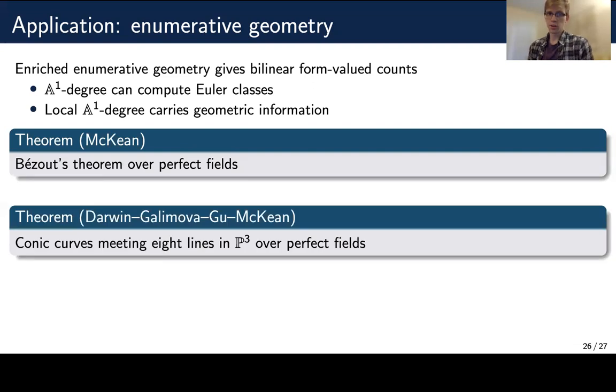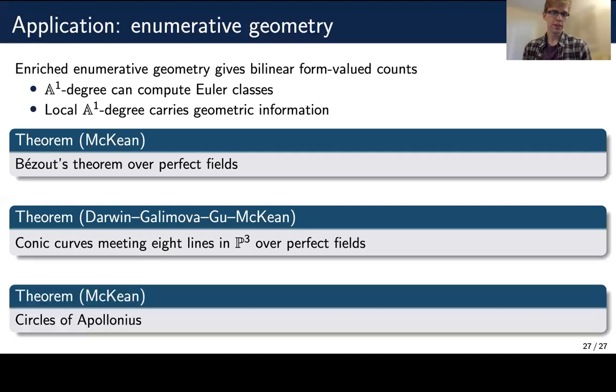With Cameron Darwin, Igor Galimova, and Pam Gue, we also do a similar construction for conic curves meeting 8 lines in P3. And again, the local information keeps track of how these conics are meeting the 8 lines at each of their intersection points. And then finally, I have some ongoing work on the circles of Apollonius from this perspective, which give new ways of measuring or considering how circles are tangent to given 3 circles.